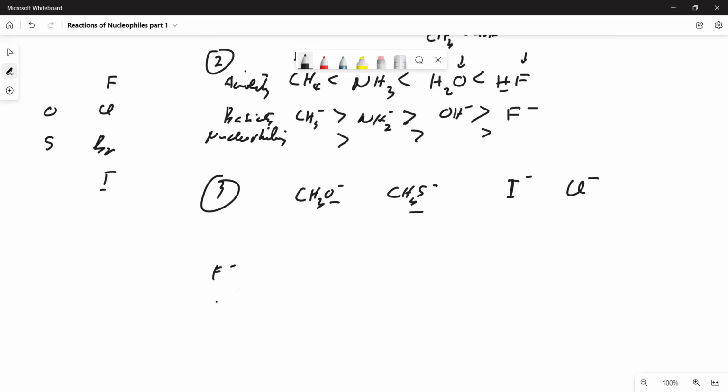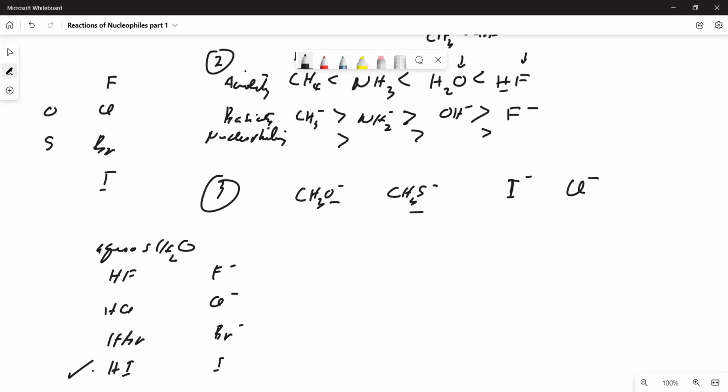Say fluoride, bromide, iodide. Their conjugate acids are HF, HCl, HBr, and HI. So if these are in aqueous medium, meaning in water, HI is the strongest acid in water, not HF, because fluorine is a very small atom.